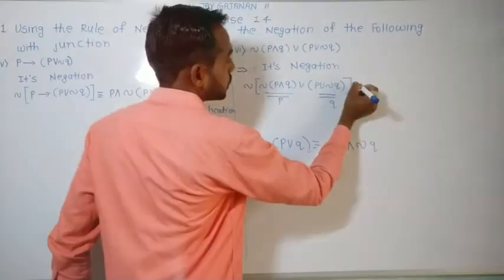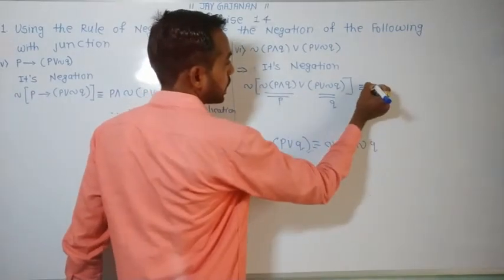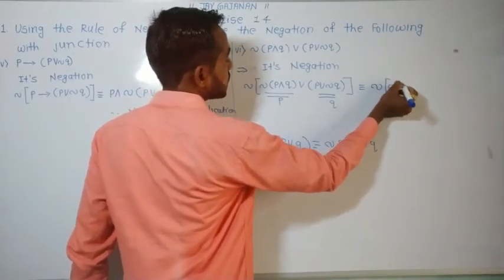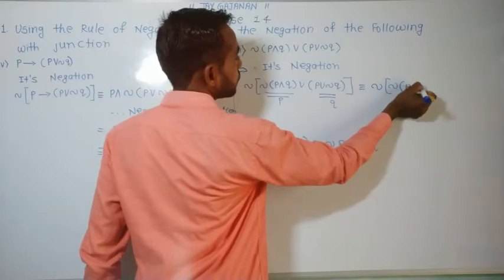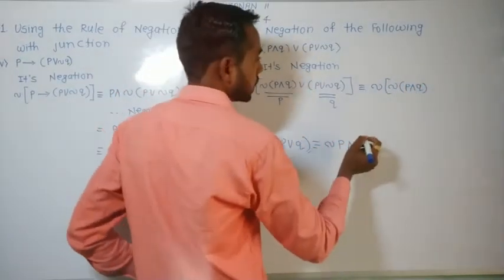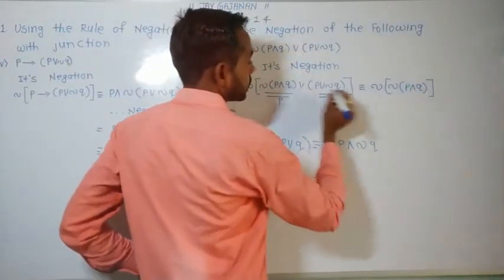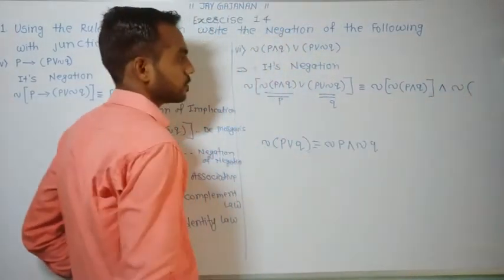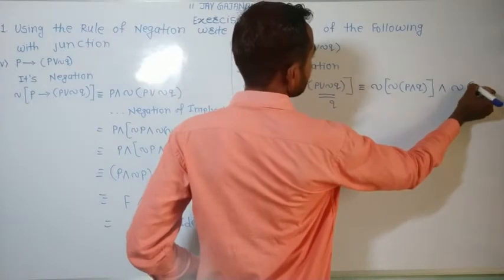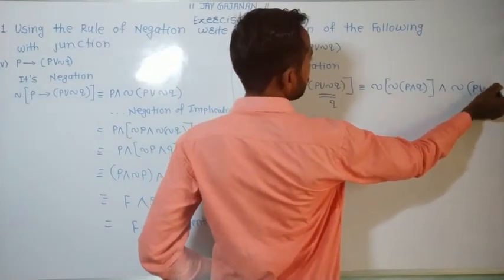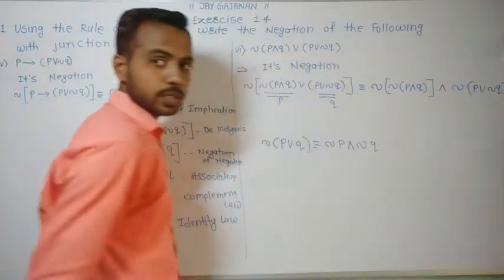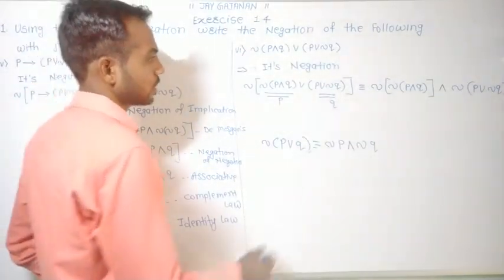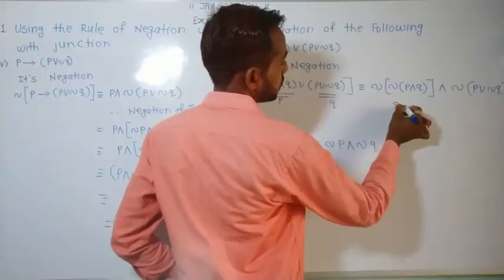Okay. So it will become negation of (P and Q). Write down carefully. And or replaced by and. Negation of the second bracket means negation of (P or negation Q) by De Morgan's law.